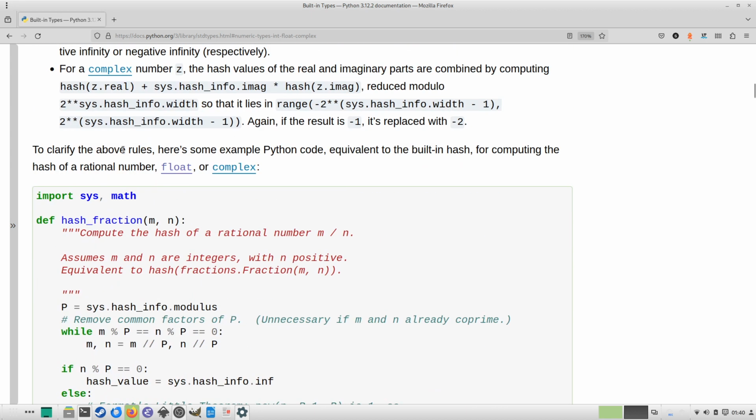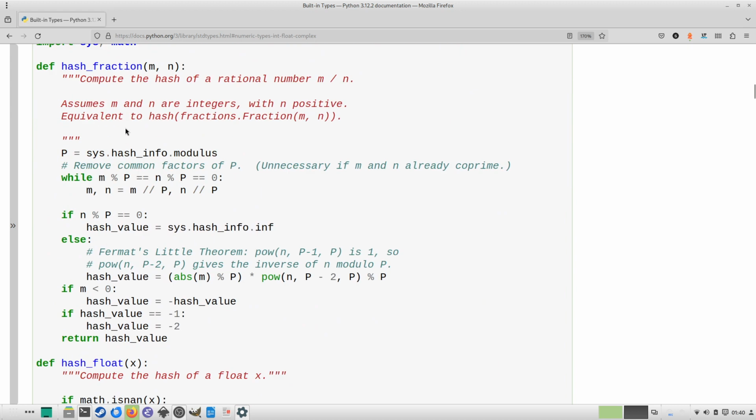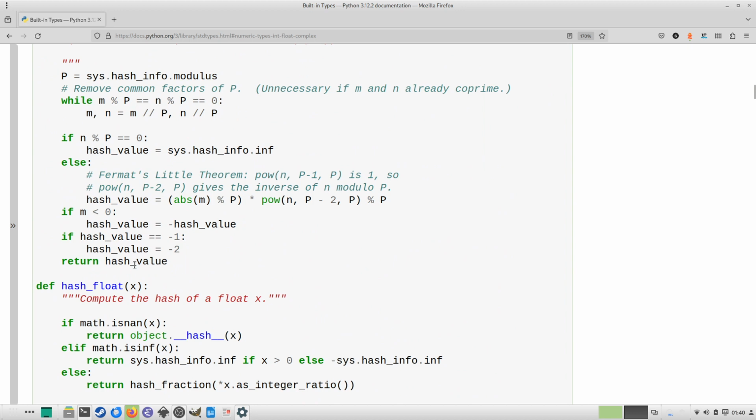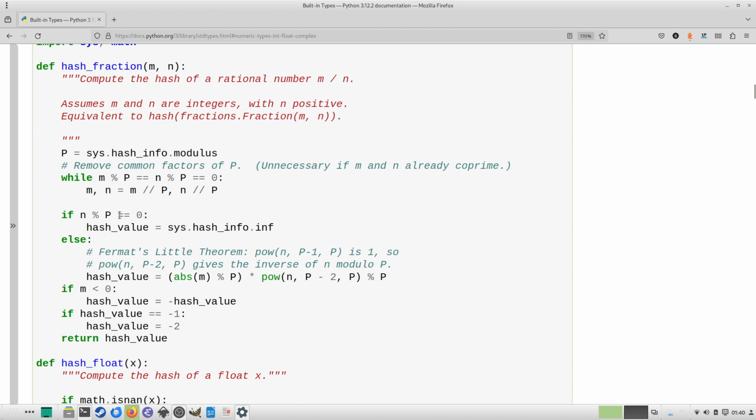To clarify the above rules, here is some example Python code equivalent to the built-in hash for computing the hash of a rational number. So suppose a fraction comes, m comma n, then this is the logic which is used to compute the hash. So first we find out P, that is the modulus.